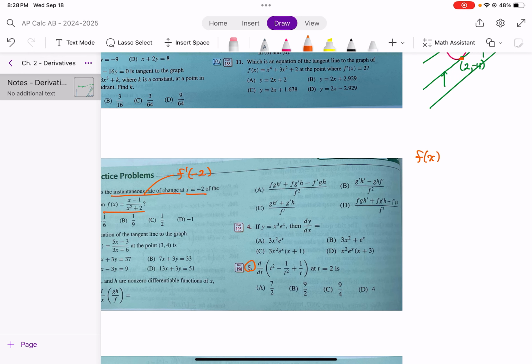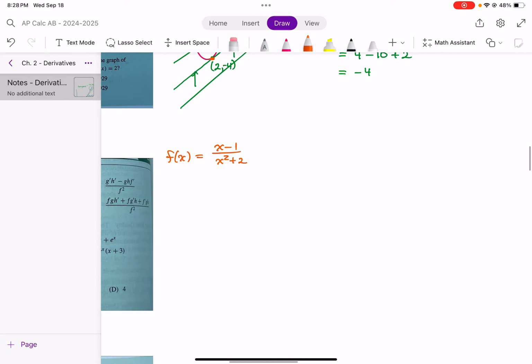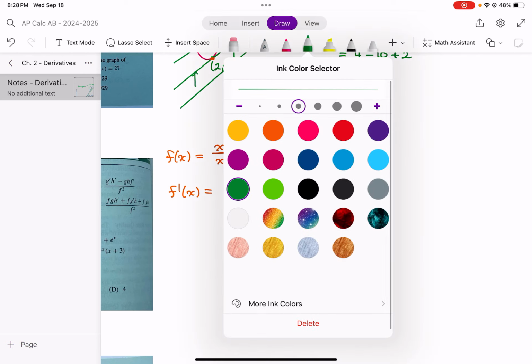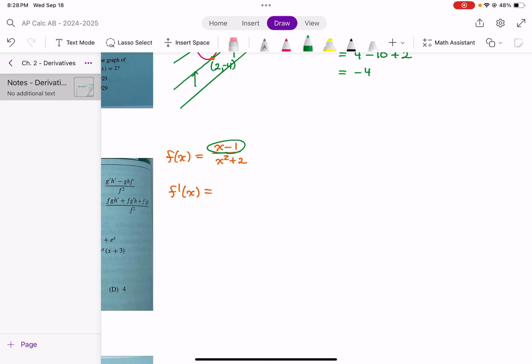And I'm actually going to do this in slow motion a bit because you're having to use two rules at once. So you just have to be careful. So f prime of x. The first thing that we tackle is the fact that this is a quotient, right? So you have a function divided by another function.